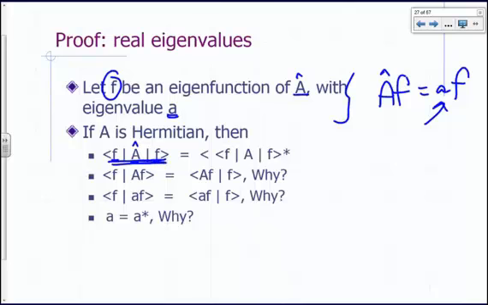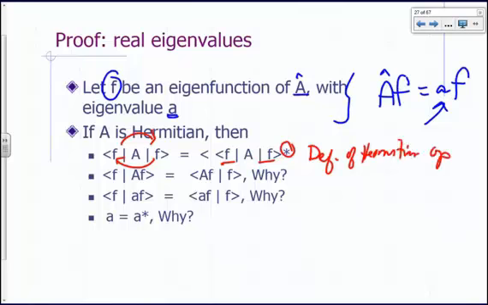Since A is Hermitian, that means I can switch f and f and put a star outside. This is the definition of a Hermitian operator. What did I do here?